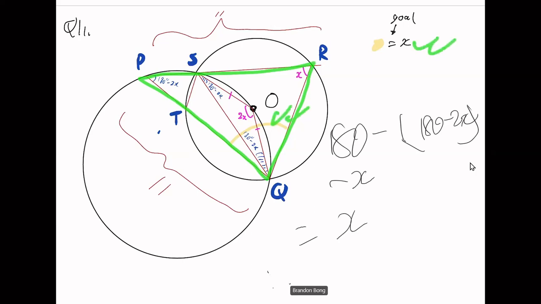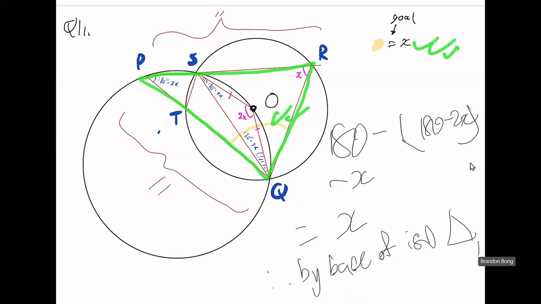Therefore, base angles of an isosceles triangle. The conclusion, just copy the question: PQ equals PR. Nice. No alternate segment theorem.